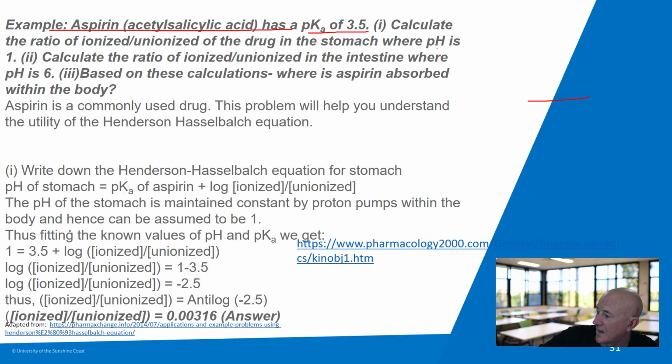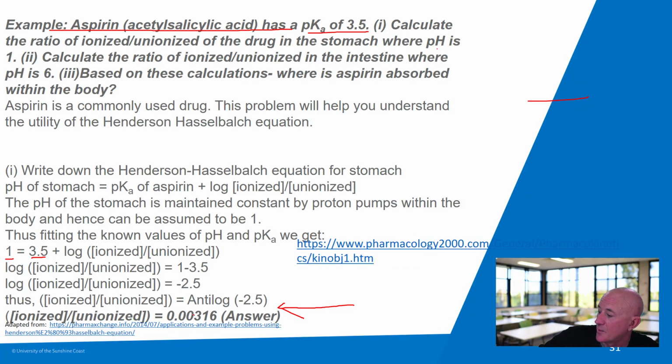So how do you do that? We use the Henderson-Hasselbalch equation. The pH is equal to the pKa, those numbers up there, plus the log of the ionized, that is the A minus, over the unionized, which is the HA. If you plug those numbers in, then take the anti-log, you get this number here.